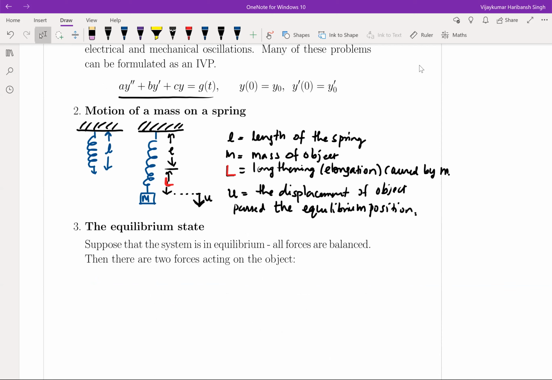So there are two forces which are acting on the object primarily. One is the gravity. So the gravity is acting on the object. Let's call that force Fg, which is mass times gravitational acceleration, which is acting downward.